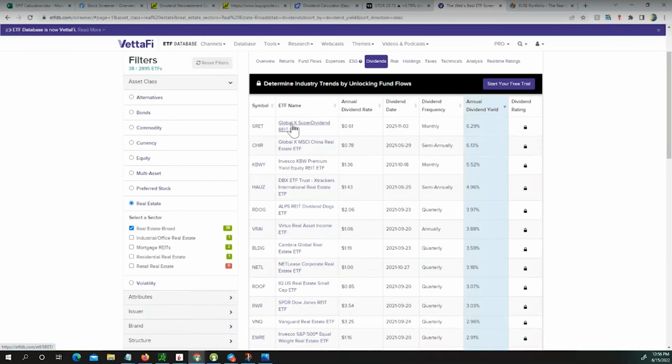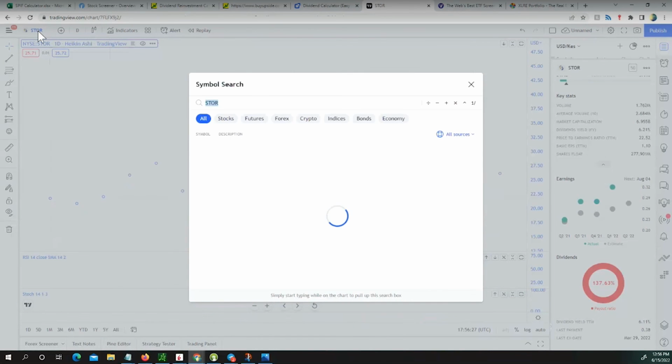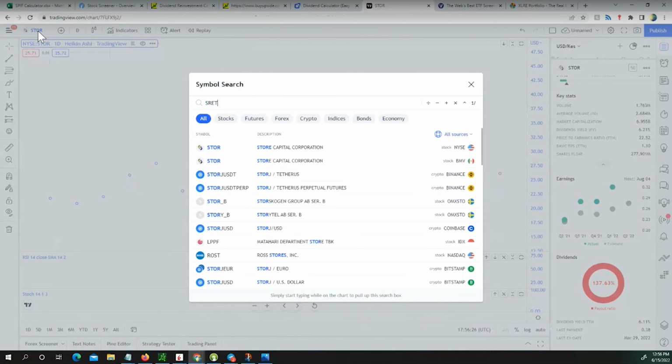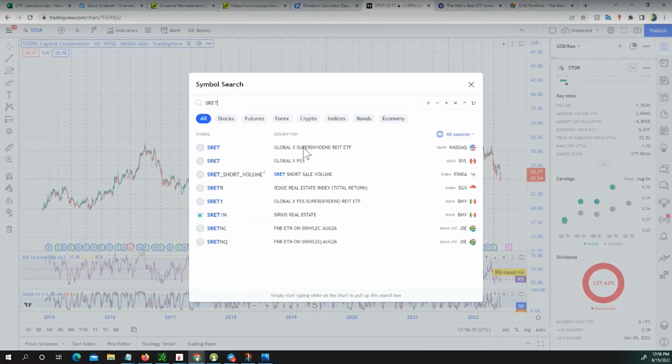And right here, you remember Global X, the ETF company. They also have a real estate ETF. It's called SRET. Then let's just do that. Look at that, like the previous symbols or companies. So Global X is an ETF issuer.